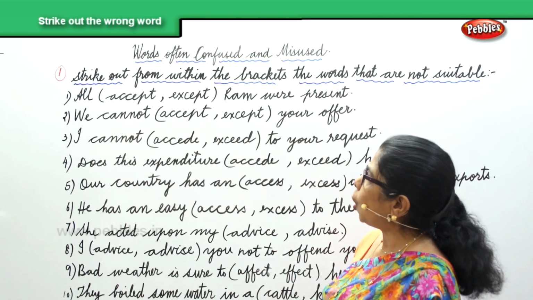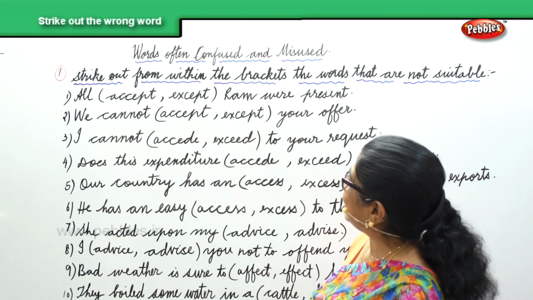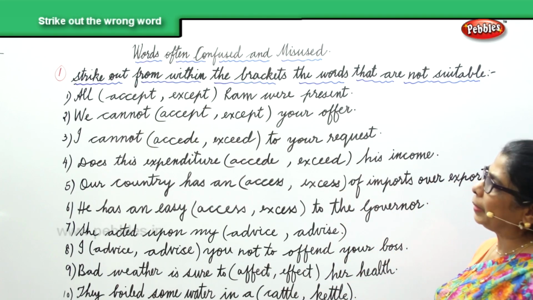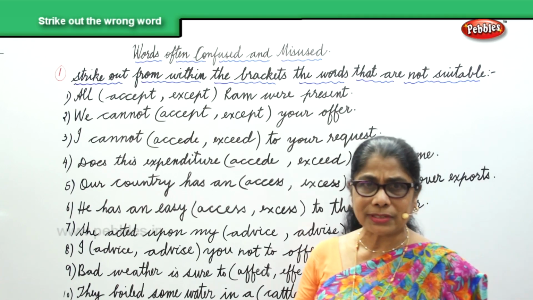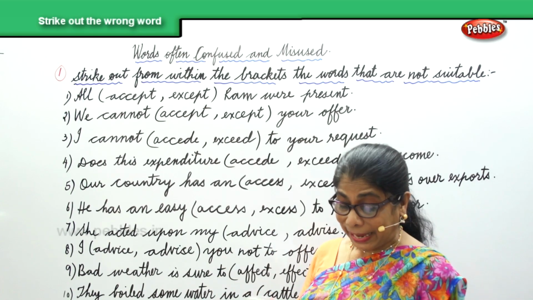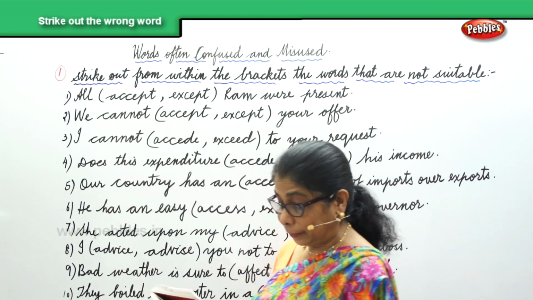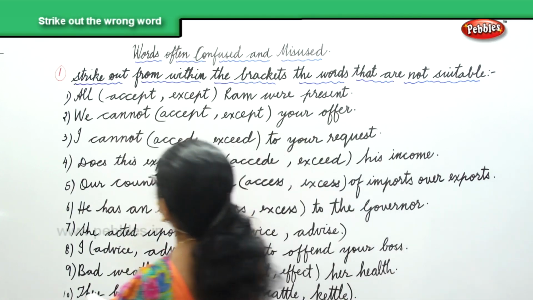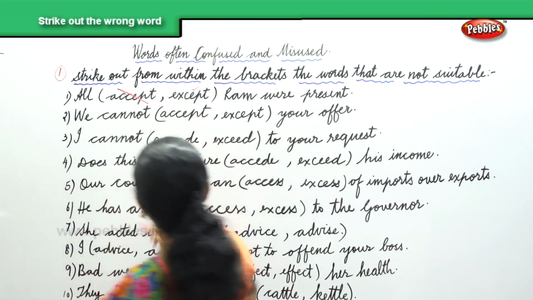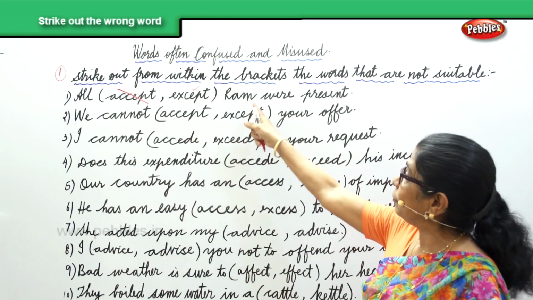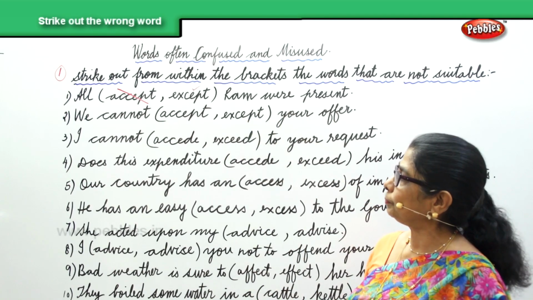First one, all except Ram were present. Except means to leave out. So, all except, that's the right one. All accept, this is the wrong one. So we strike and we tick. All except Ram were present.